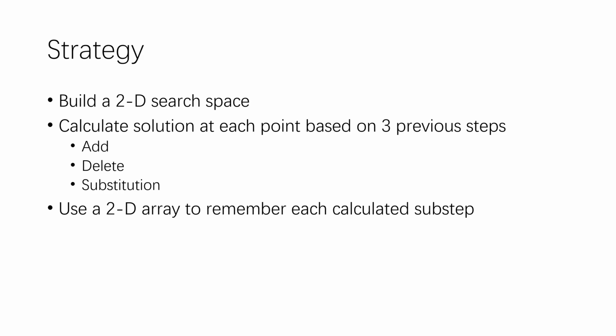But by using a 2D array to remember each calculated substep, we can shrink the time complexity to just the size of this 2D search space, because for each element, the solution doesn't depend on which other procedure caused it. Once it's calculated, it will remain unchanged.